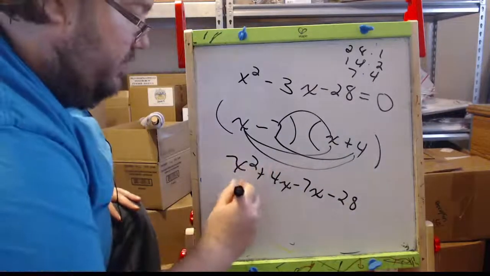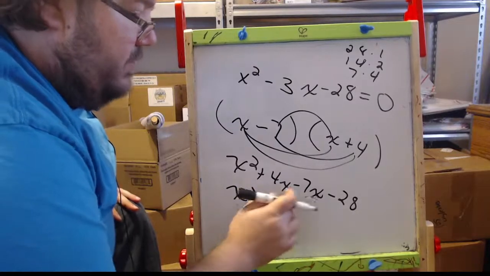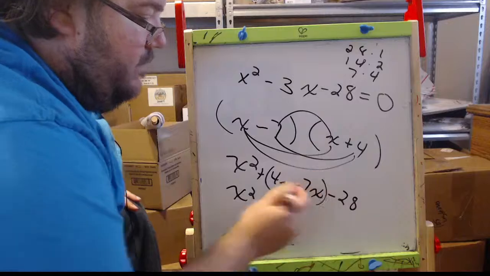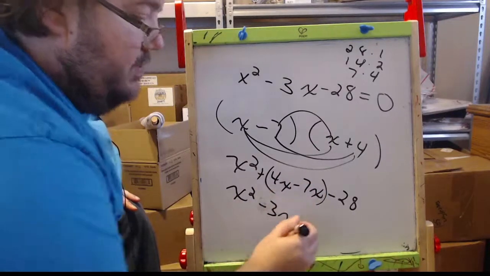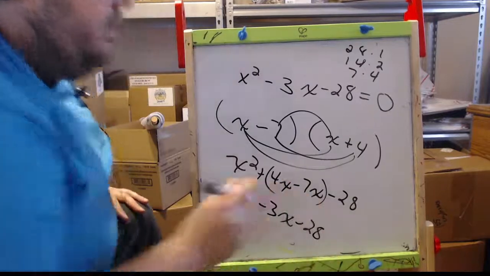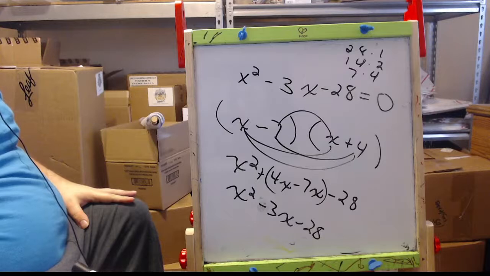Combine your like terms. X squared. Okay, now we look at this. 4x minus 7x is a negative 3x minus 28. Okay.